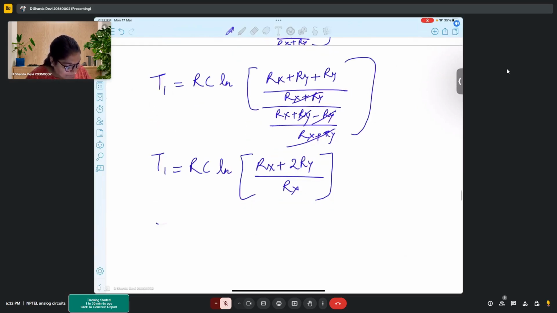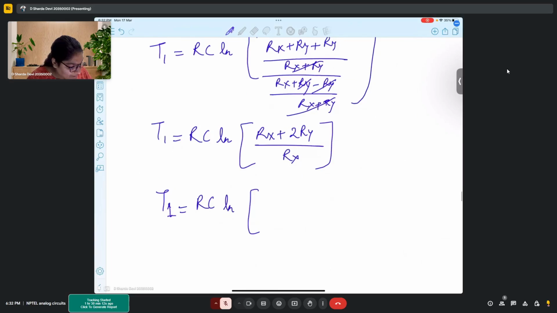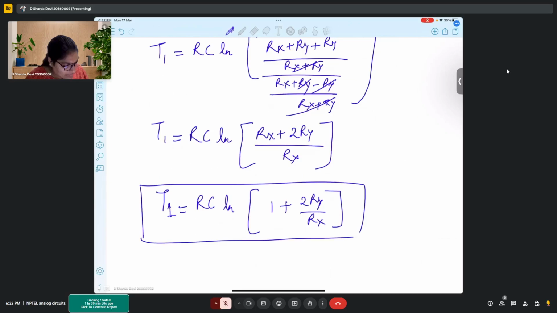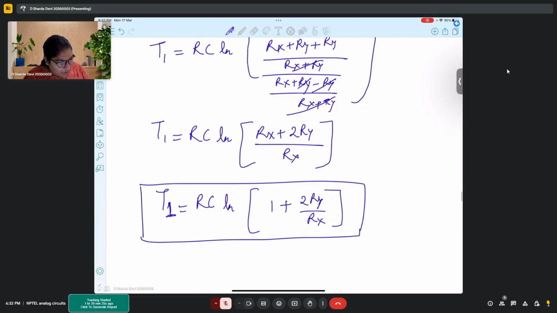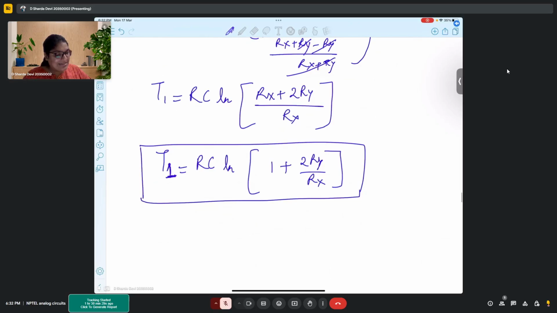So that is nothing but T1 is RC ln (1 plus 2Ry by Rx). So the factors which are important for the charging of capacitor are R, C, Ry and Rx.